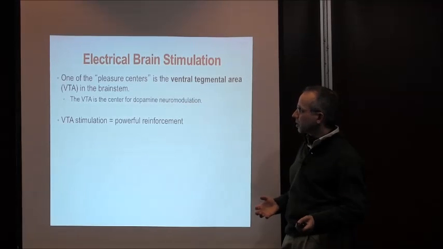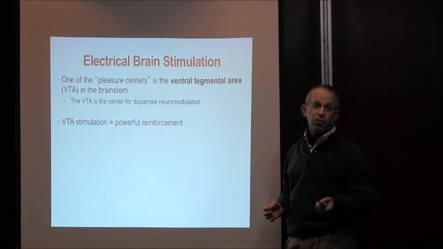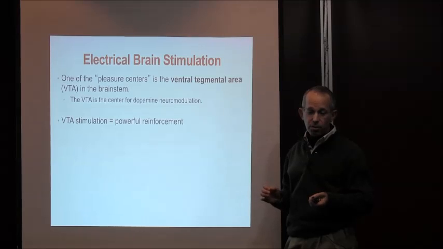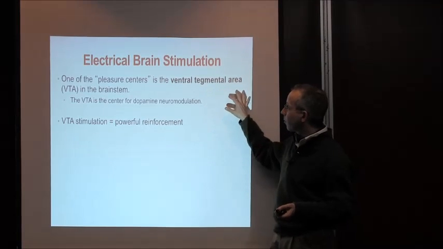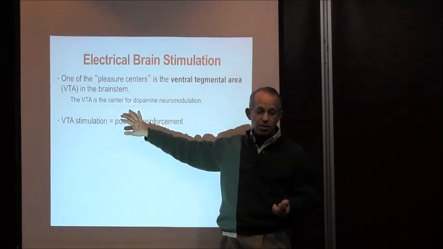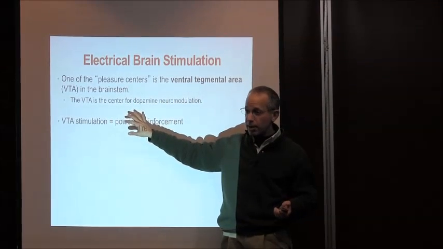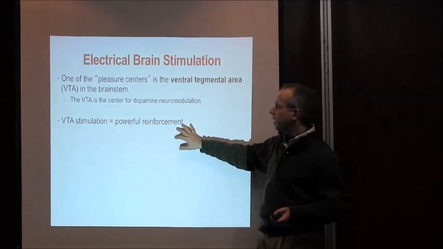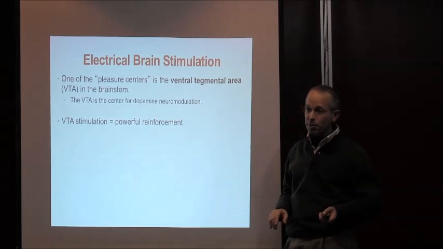One of the ways in which this is studied is by electrical stimulation directly to the reinforcement pathways, in this case in the ventral tegmental area in the brainstem. The VTA is a center for dopamine modulation of the basal ganglia. And so VTA stimulation is a very powerful reinforcement.